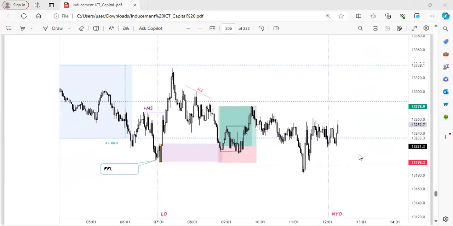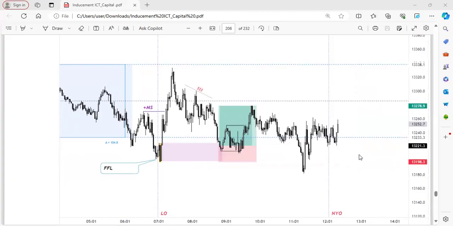Looking at this chart, we realize that the market was consolidating in this area and gave us an entry, but it was a short entry to make a bit of profit, if you know what I mean. After making a profit, the market went down to take out the traders who didn't take profit.